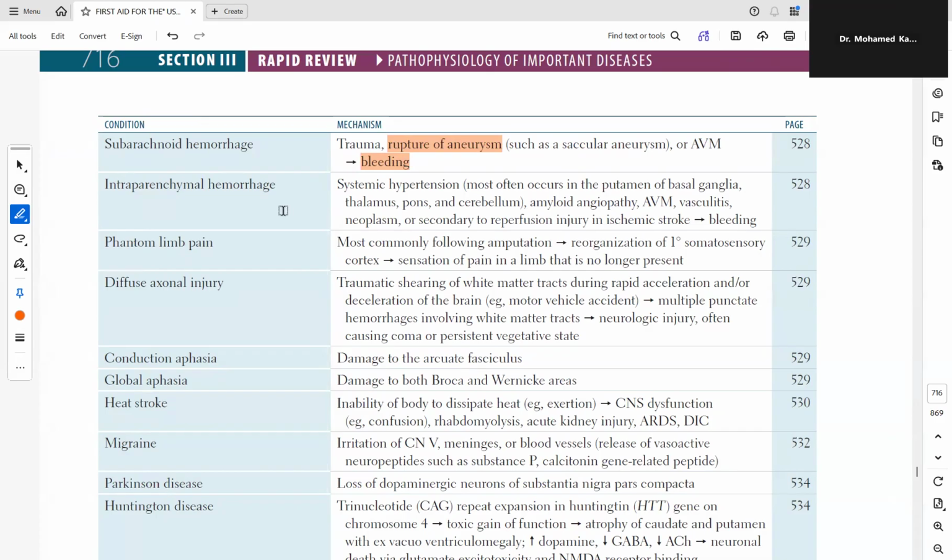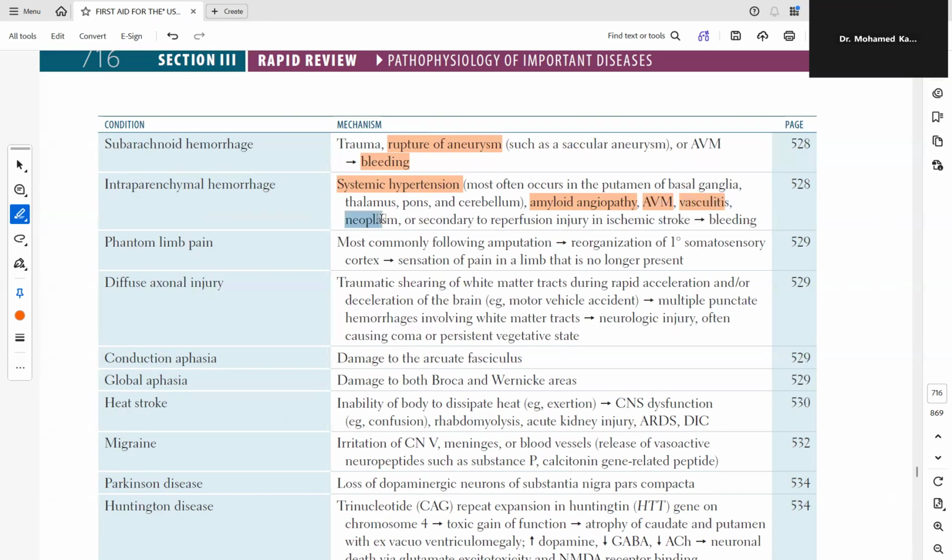Intraparenchymal hemorrhage is seen in systemic hypertension. People who have systemic hypertension most often have it occur in the basal ganglia, thalamus, pons, and cerebellum. Amyloid angiopathy is another cause. So systemic hypertension is one, amyloid angiopathy is another cause, and arteriovenous malformation is a third cause.